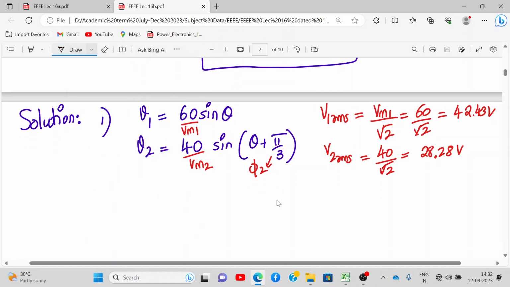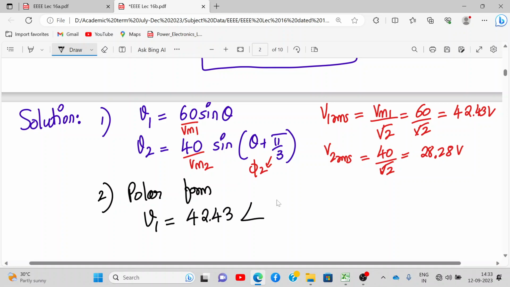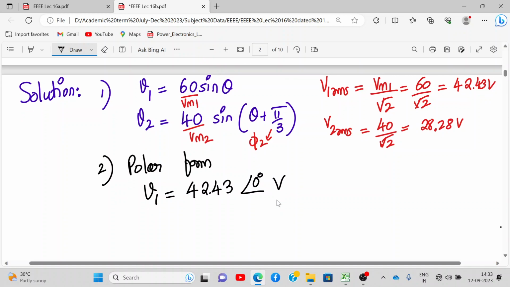Now tell me, what do we do next? Polar form, right? So what is V1 now? 42.43 angle 0 volts. And what is V2? 28.28 angle 60 degree.